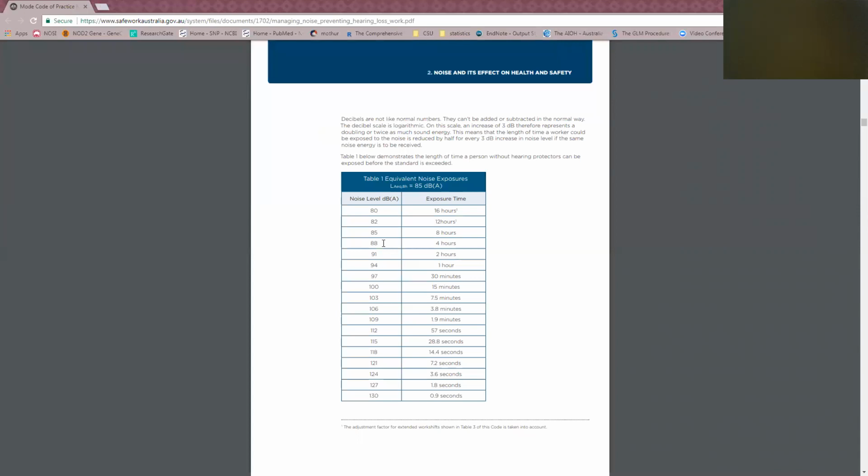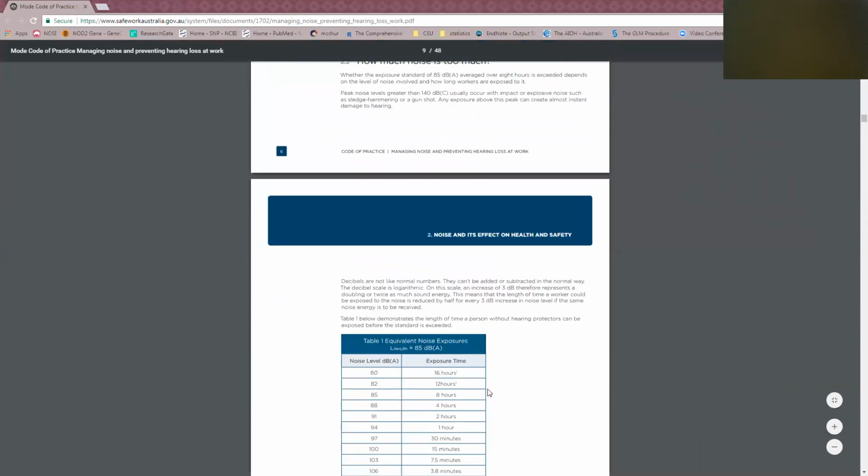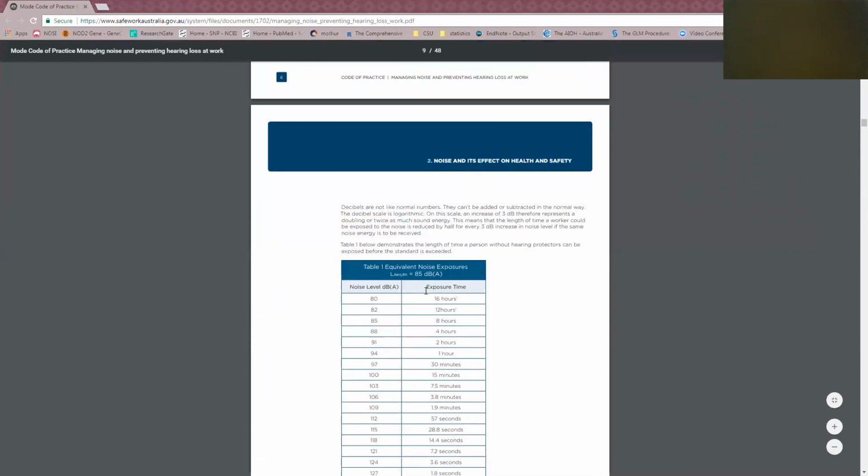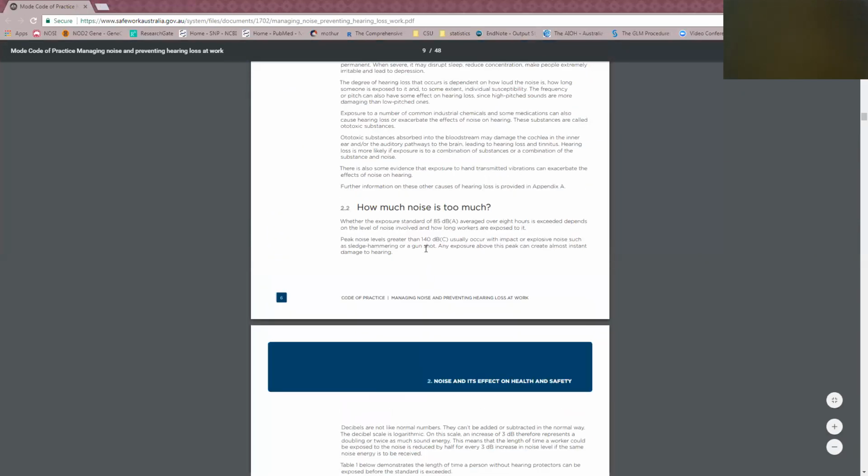However, if we go up by 3 dB, then you reduce the permissible exposure down to 4 hours. Add another 3 dB, it comes down to 2 hours. See how it just continually halves until at 130 dBA it's 0.9 of a second. And that's pain. That's really the threshold there.